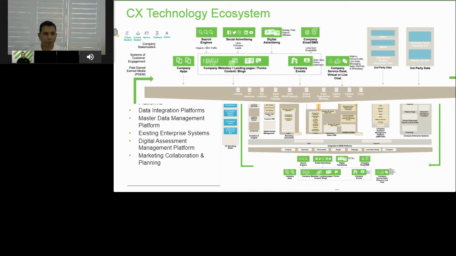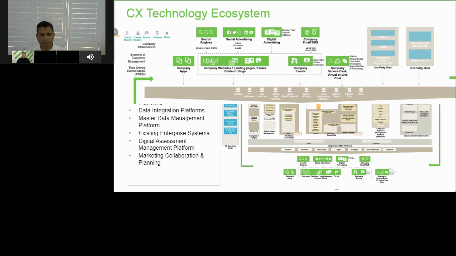There is no rocket science from an architecture point of view, but the creativity on a customer-centric solution comes in how you plug all these components together. That's where the key thing is. And we've got assets available.